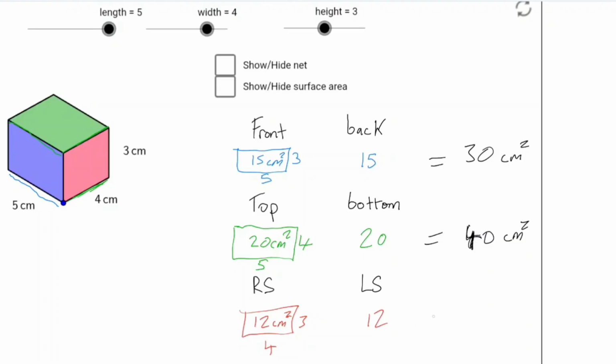And 12 plus 12 is 24 centimeters squared. If you add all of that together, it becomes the total surface area, which is, so 30 plus 40 is 70, 94 centimeters squared.